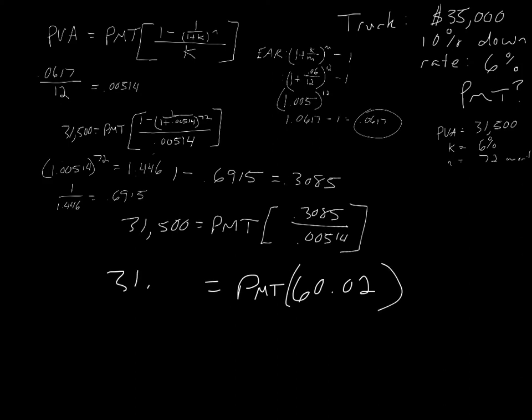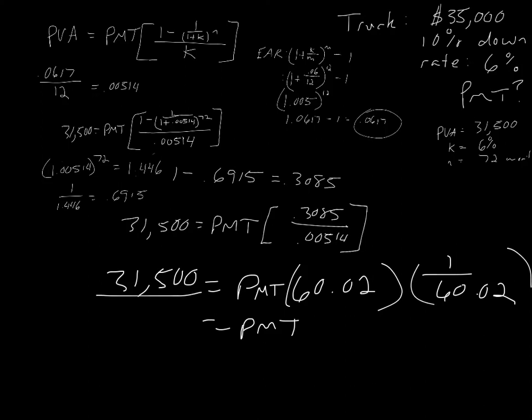So payment equals, multiply both sides by 1 over 60.02. So it zeroes out the right side, leaves us just with payment, and we're going to divide this side by 60.02.